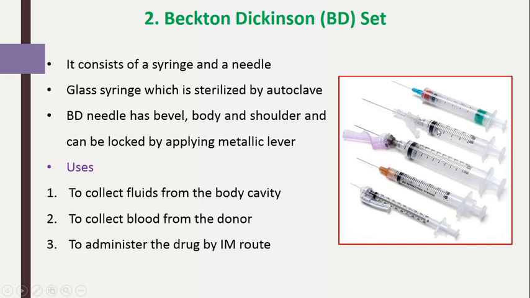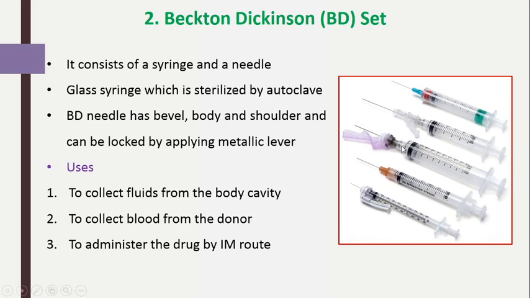If this BD set is made of glass material, it can be sterilized using the autoclave method. This BD needle has a bevel, body and shoulder, and the nozzle can be locked by applying the metal lever. At this nozzle side there is a metallic lever.